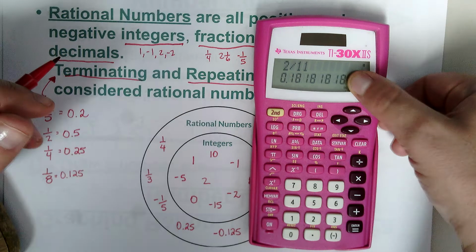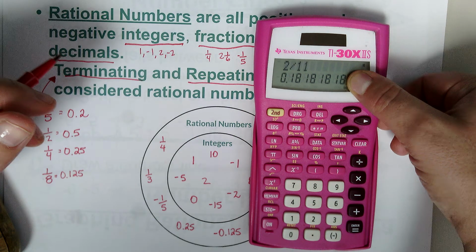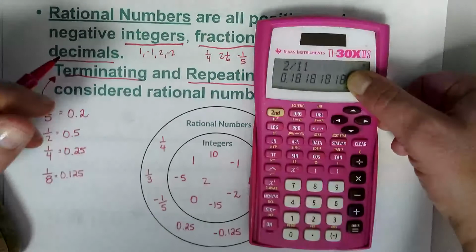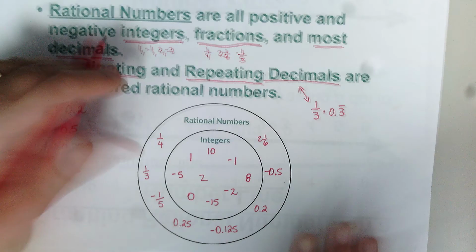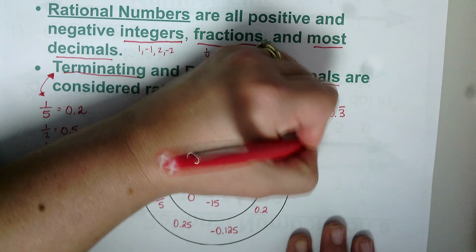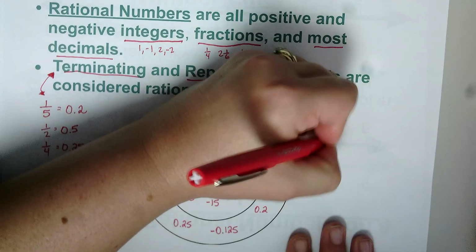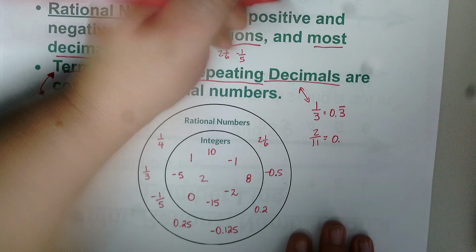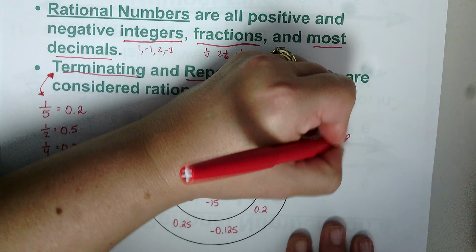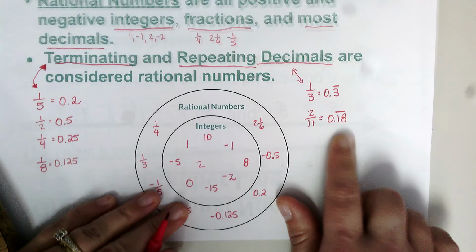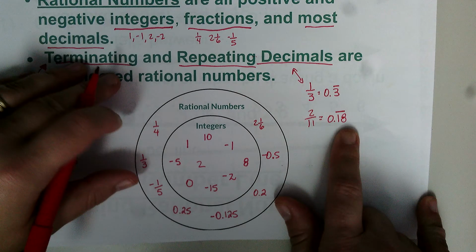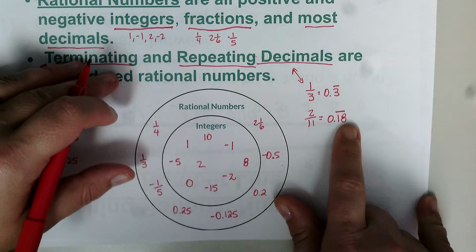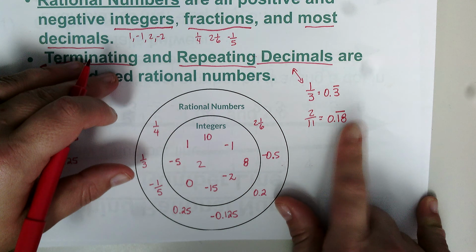The calculator doesn't realize that. So it just is a pattern of 18. So 2/11 is also a repeating decimal, and the pattern is 1 and 8, and it repeats. So you put the repeating sign over the 1 and the 8, not just the last number, because that would mean just the last number repeated.